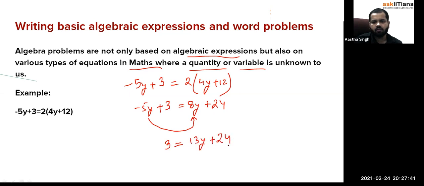If 24 comes to the RHS, then 3 minus 24 is equal to 13y. Therefore, 13y will be equal to minus 21, so y is equal to minus 21 by 13.